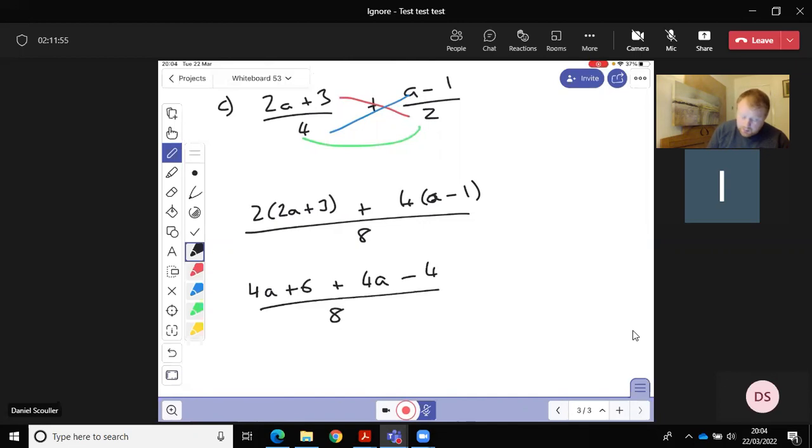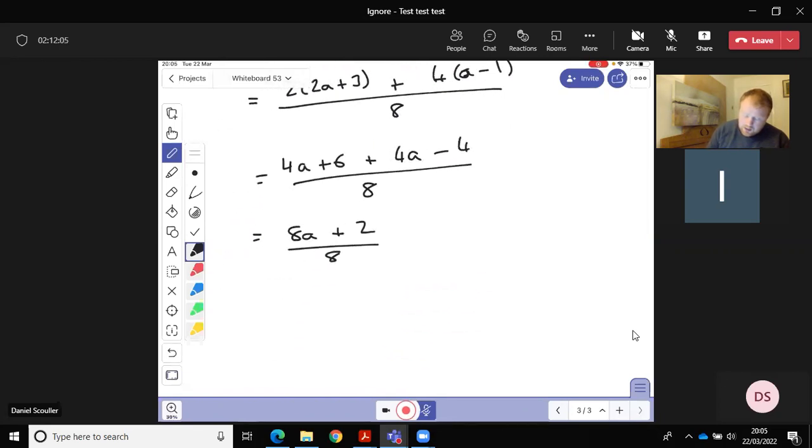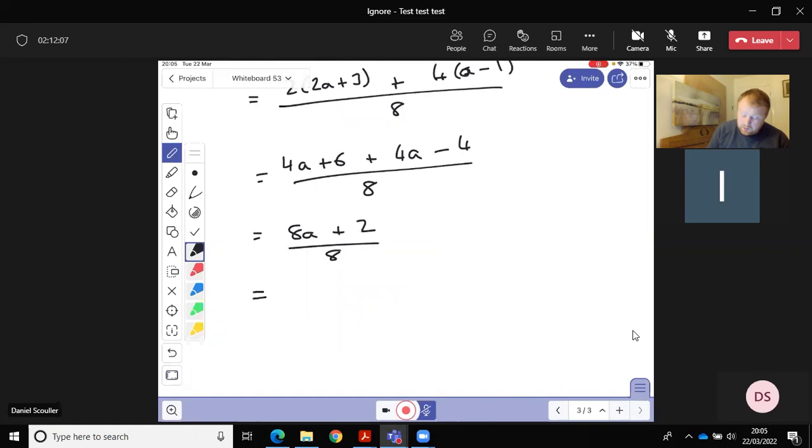Okay, and then bringing it together. And then we could simplify that. Okay, so we can take out something like that, 8a plus 1.